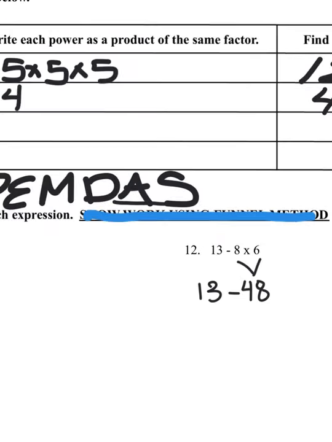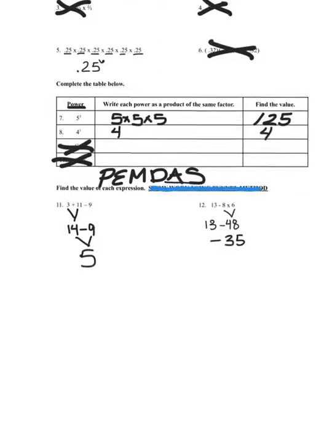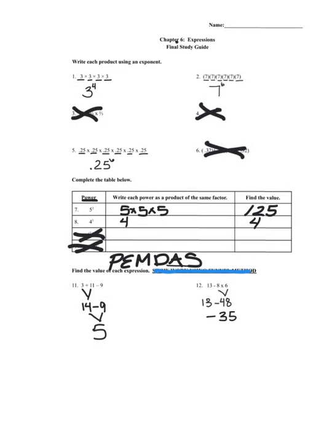I don't have any division, I don't have any addition, but I do have subtraction, so I have to do 13 minus 48 to give me a negative 35 for my answer. And that completes our first page of our study guide.